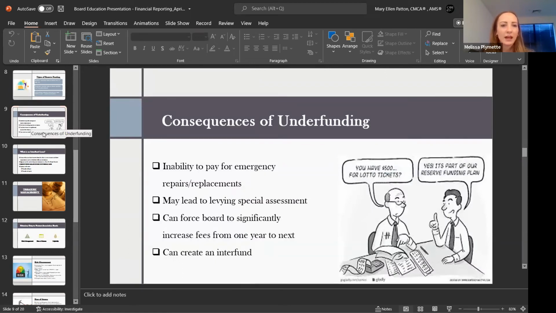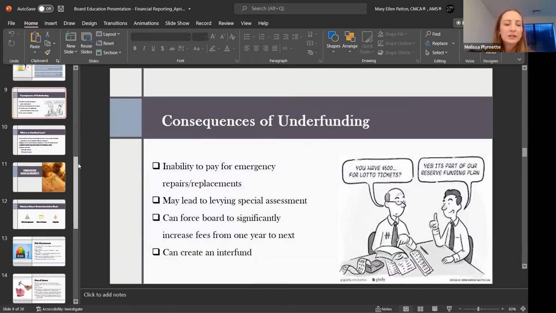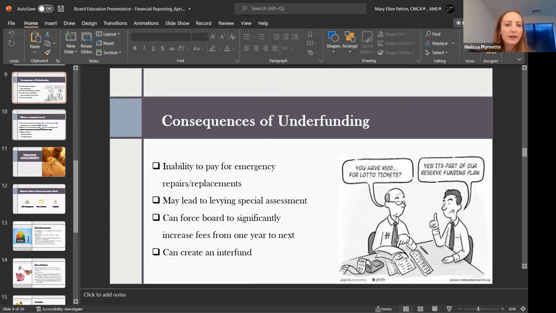So if the association has historically underfunded the reserves, either by not following the reserve study or choosing to keep fees low, this is obviously going to present some challenges if an emergency expense arises, or if you have a large capital item coming due that you just didn't plan for.